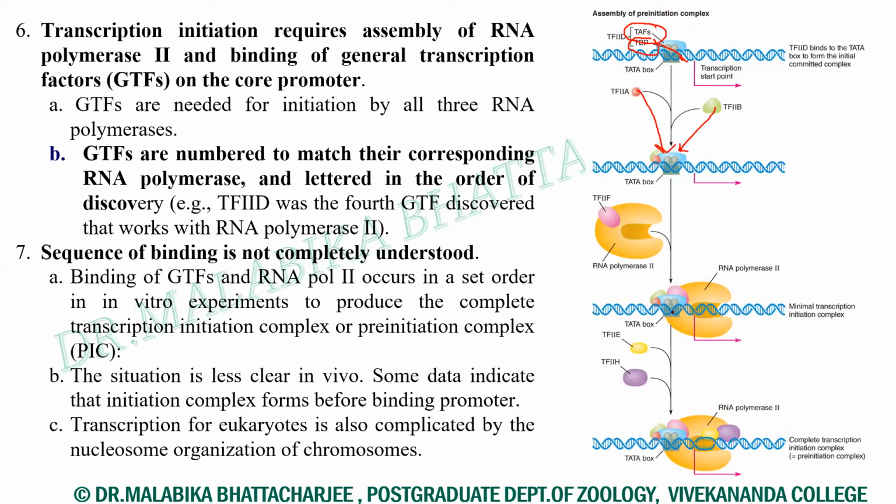In this condition, the DNA is still not opened up. So this is a closed promoter complex, and this is known as the pre-initiation complex or the minimal transcription initiation complex. Next, TF2E and 2H join this complex. TF2H is a helicase.